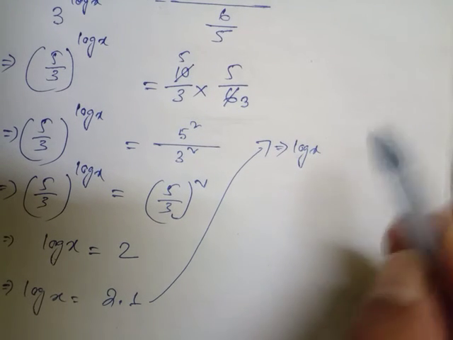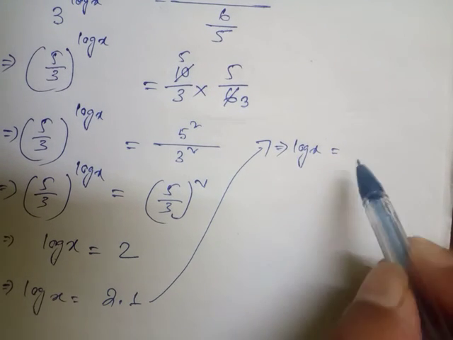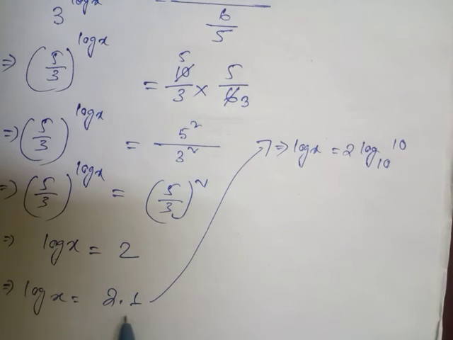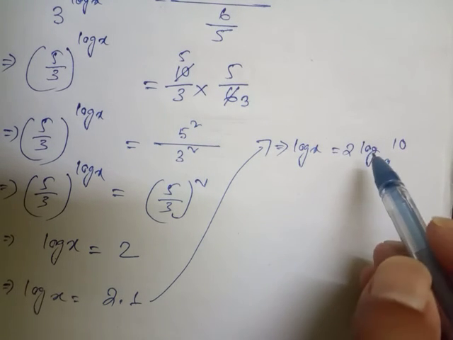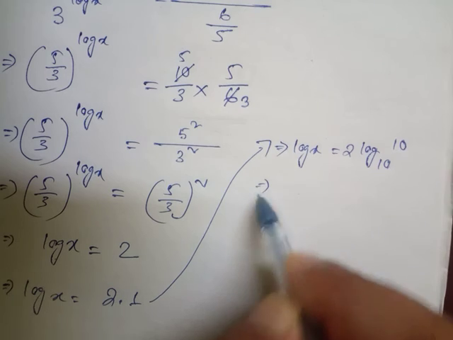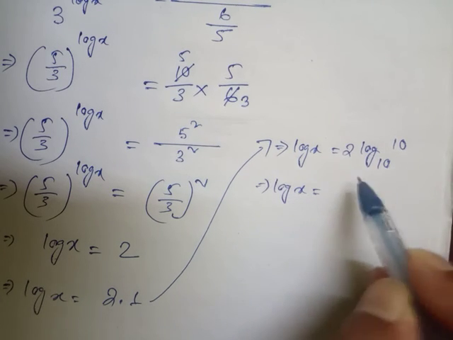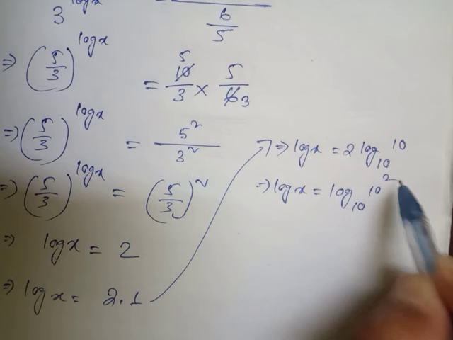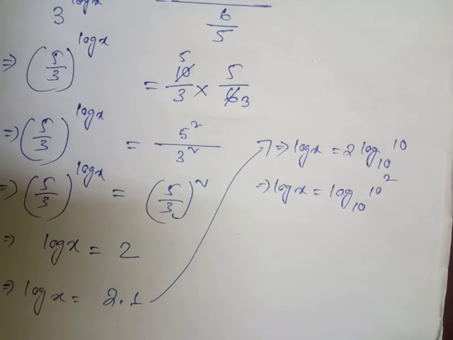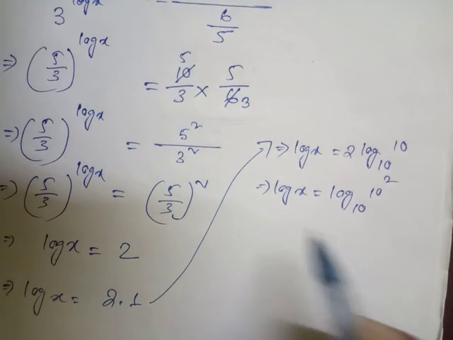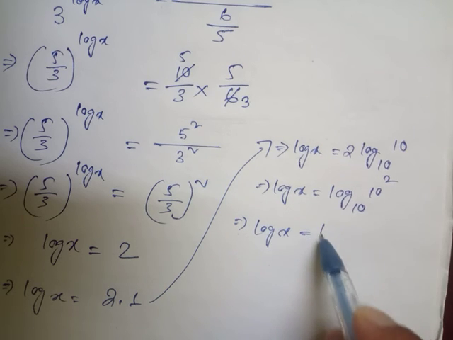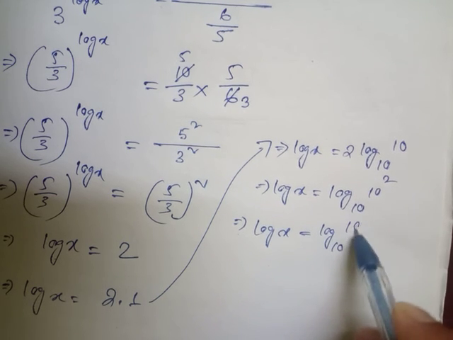Log x equals 2 into 1, and if I write log 10 by 10, this value is also 1, that's why in place of 1 I have written this. Next will be log x, and there is 2, so log base 10 square, 10 square is 100 obviously. So next would be log x and log base 10 square is 100.